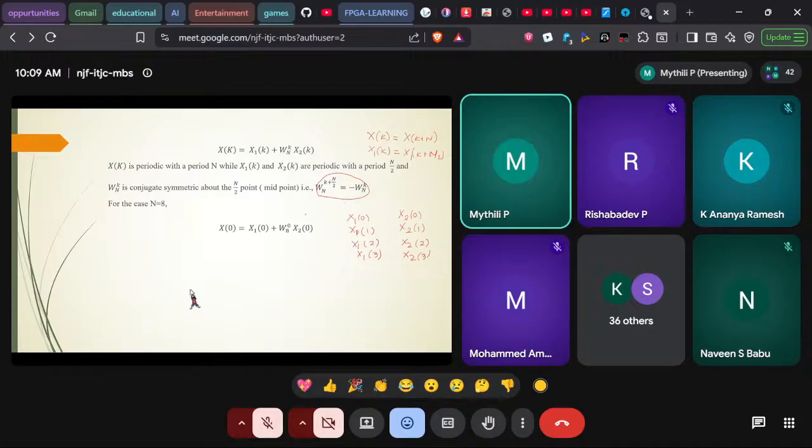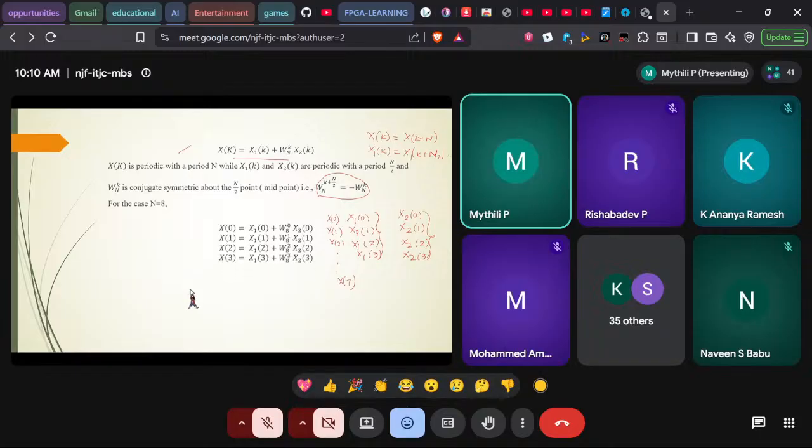What we want is x of 0, x of 1, x of 2, and so on up to x of 7. But we are having these two, so we are combining them. The first 4 values can be easily obtained using the original equation here. So x of 0 will be x1 of 0 plus W8 of 0 into x2 of 0.